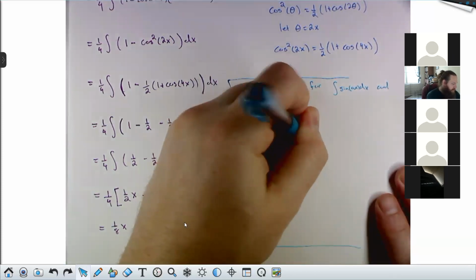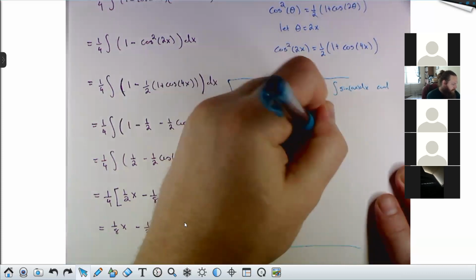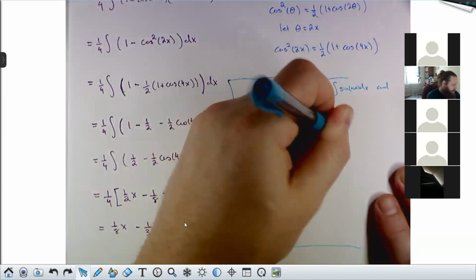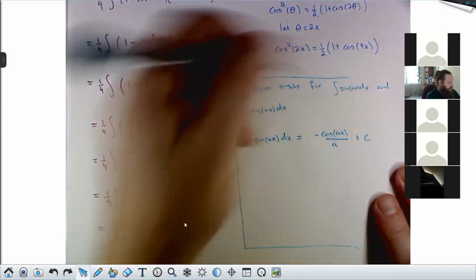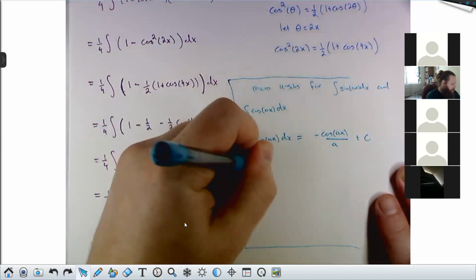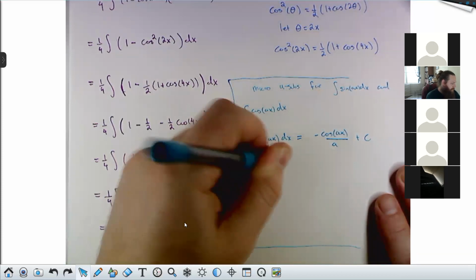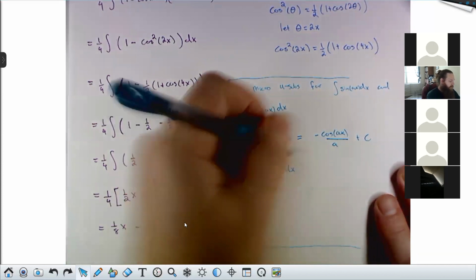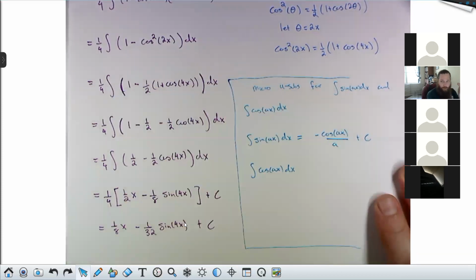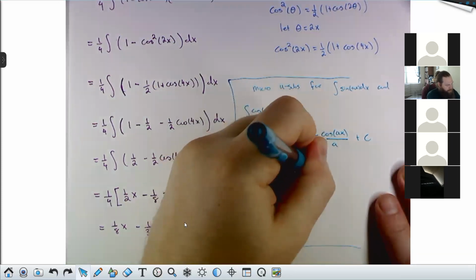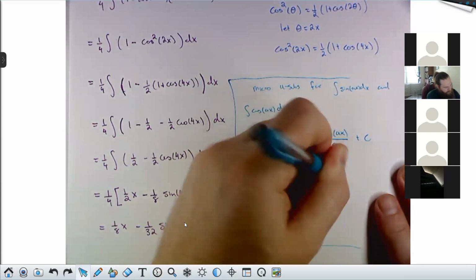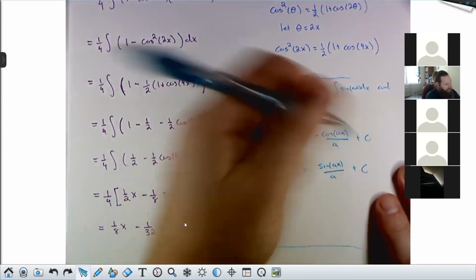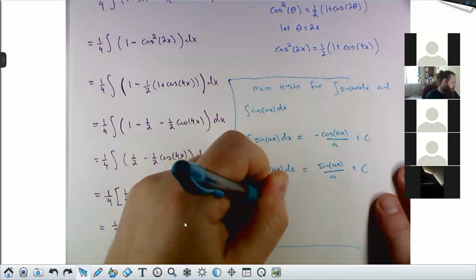And then the integral of sine u is negative cos u. So this is negative cos of ax over a plus c. And the integral of cos ax, same thing. You would substitute u equals ax, du is a dx, so you get a 1 over a out. And then the integral of cos u is sine u. So this would be sine of ax over a plus c. You're free to use these.